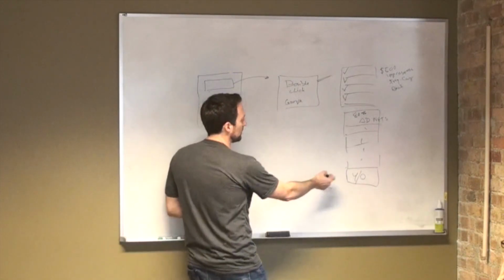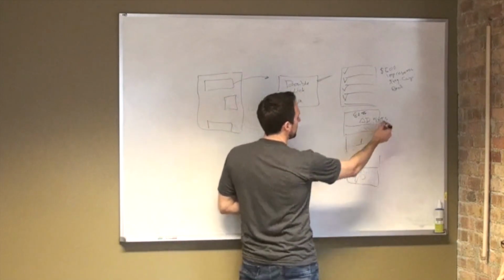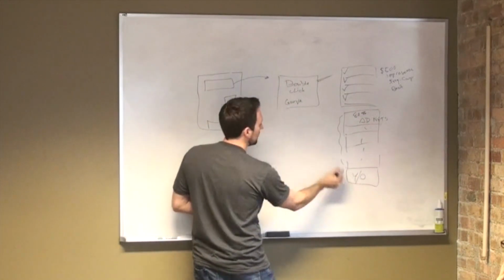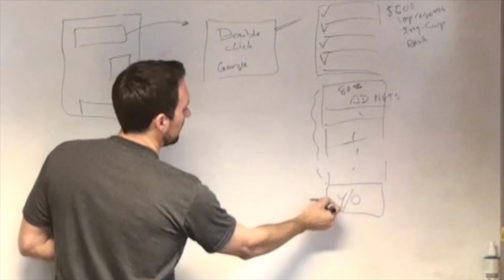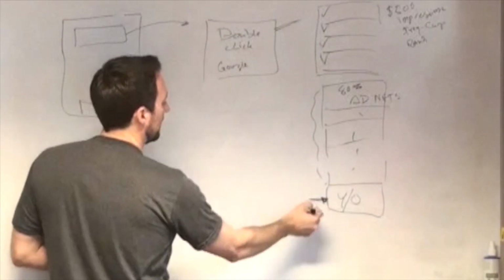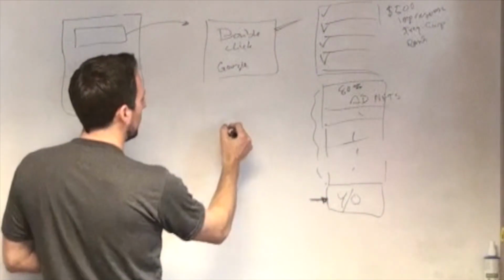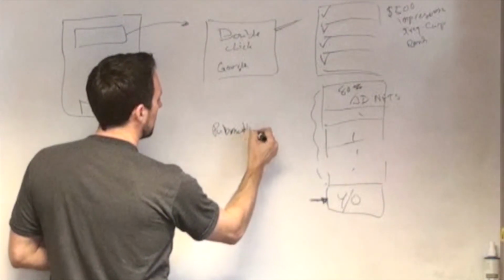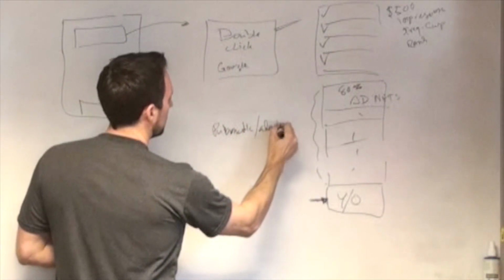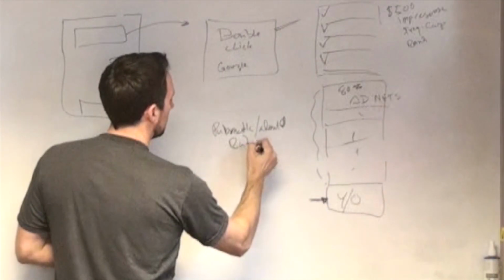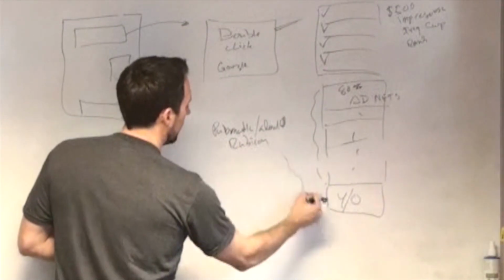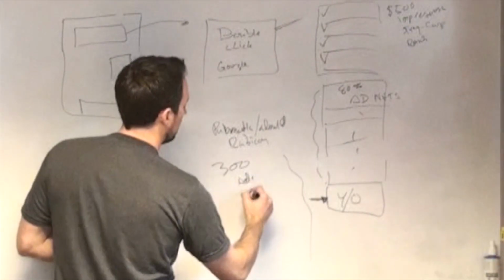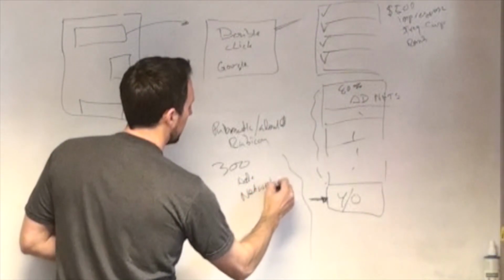And the yield optimizers had relationships with a whole slew of other ad networks. So if you can imagine this little block of inventory down here, this little block of ad space, think of that going to a PubMatic or a Rubicon, and there are, say, 300 ad networks available to plug in.